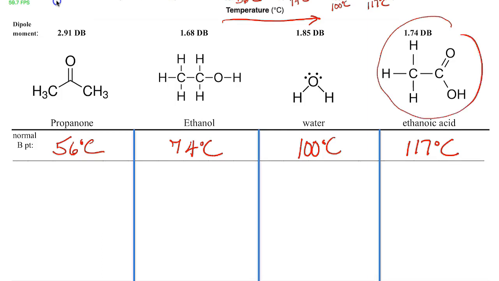So I'm going to say that it probably has the greatest LDF forces. It's got the most polarizability. It's a long shape compared to the others, and it has a lot more electrons with those 2 oxygens. So we're going to say this has a pretty high LDF.